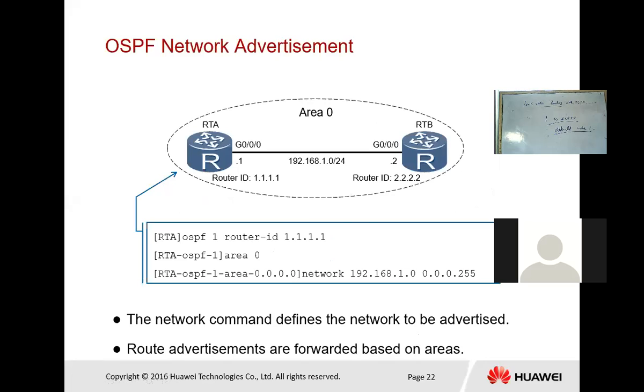Next we have OSPF network advertisement. The establishment of OSPF within an AS domain requires that each router that is to participate in OSPF first enable the OSPF process. This is achieved using the OSPF command, where the process ID can be assigned and represents the process with which the router is associated.